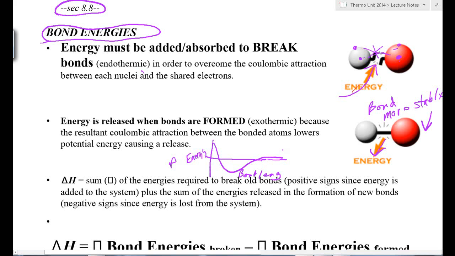And what it's showing is if I have two atoms and they are far enough apart, there is not going to be any attraction because the nuclei can't feel the attraction for the electrons. But as those atoms get closer, that attraction comes into effect, right? And once they get some attraction, they pull each other closer together until they hit this sweet spot where the potential energy is minimized, right?